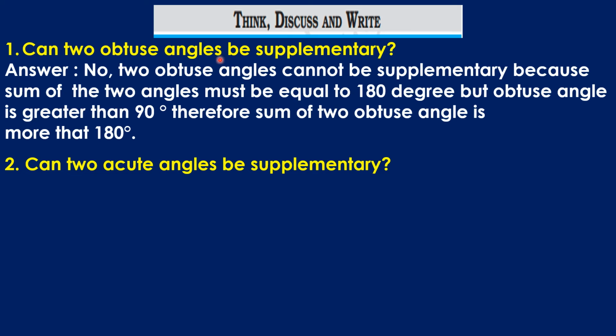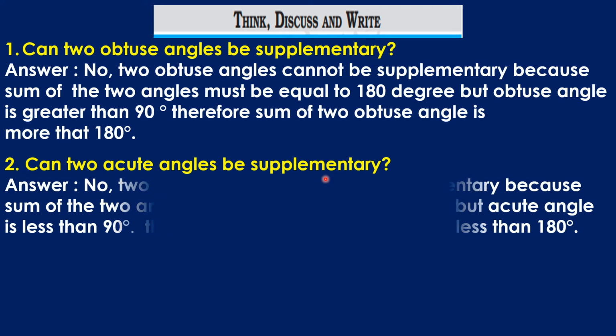The next question, can two acute angles be supplementary? So what are acute angles? The angles which are less than 90 degree are acute angles. And what are supplementary angles? The sum of the two angles must be equal to 180 degree. So let us see whether two acute angles are supplementary or not.